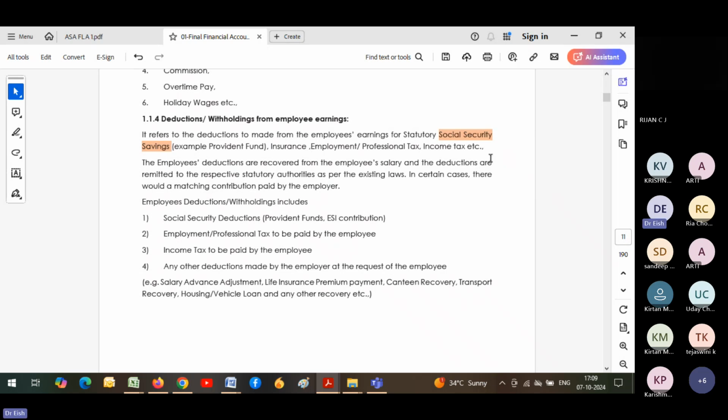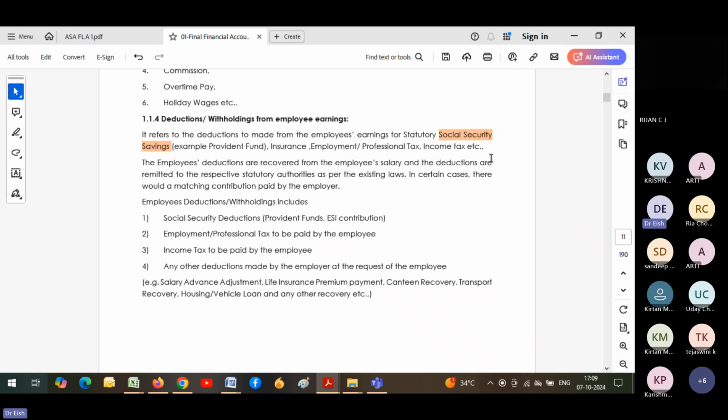The social security concept is taken from the US, and the concept is that whatever you have to provide, suppose you provide the PF or the ESI. In US terms, that is different. But in Indian terms, these are the 2 social security deductions which the government has to provide.